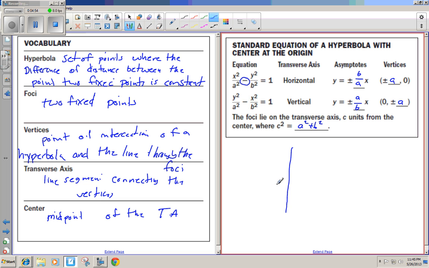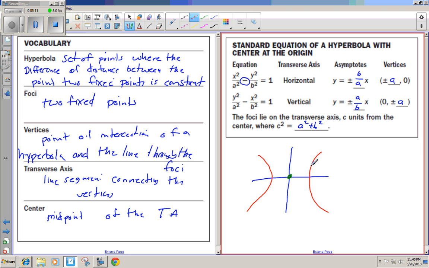So again, there you go. The center is at the origin for all of these. This would be a horizontal hyperbola.